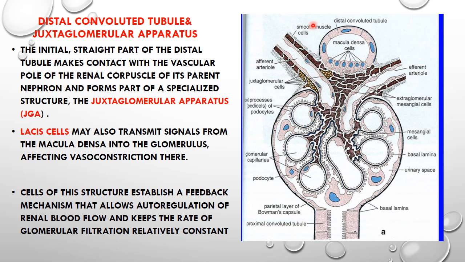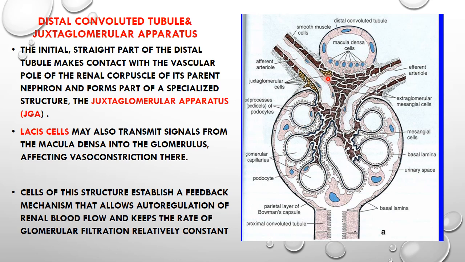So this setup, that is the macula densa cells, the extraglomerular mesangial cells, and the JG cells, constitutes the juxtaglomerular apparatus. Now, this juxtaglomerular apparatus is responsible for the feedback mechanism that allows the autoregulation of the renal blood flow and keeps the rate of glomerular filtration relatively constant.